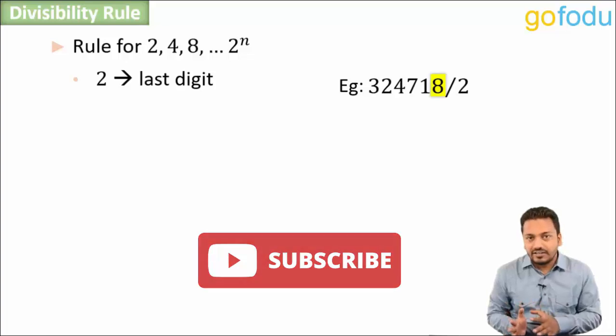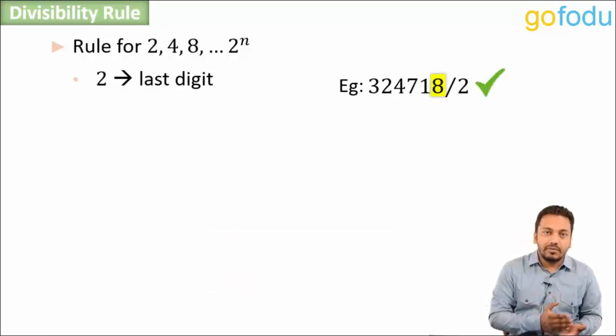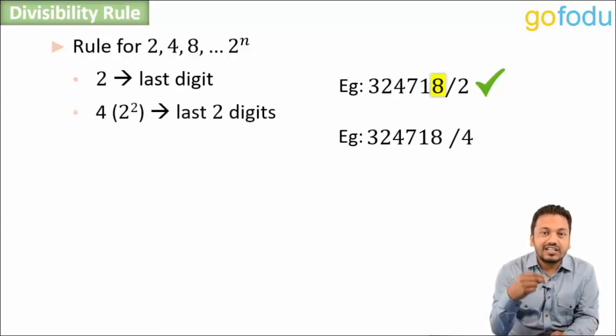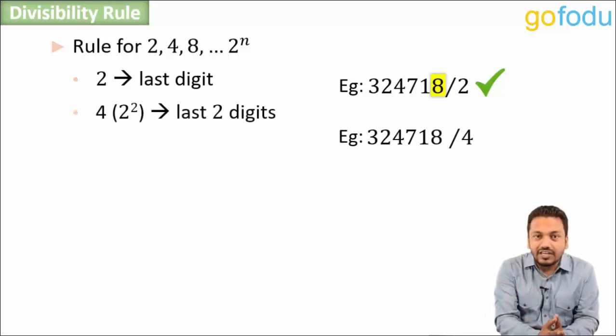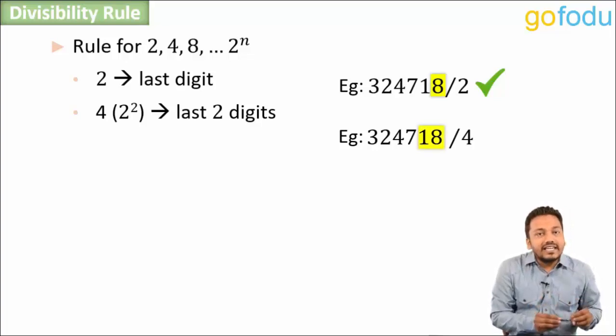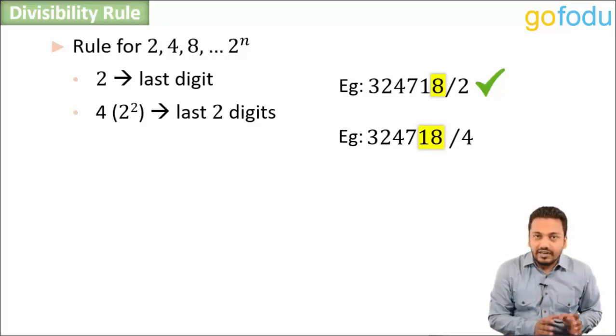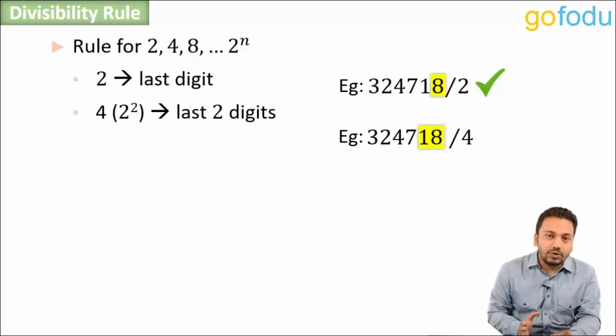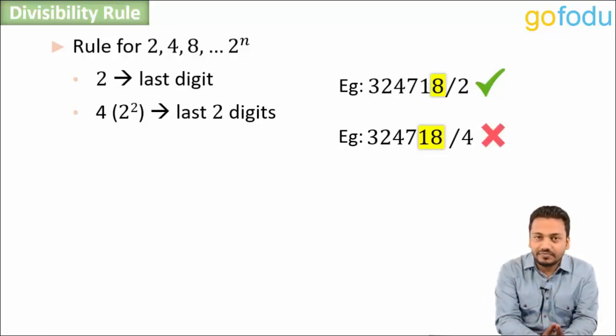That is even. So the number is divisible by 2. For divisibility by 4, check the last 2 digits if they are divisible by 4 or not. Here we have 18 as the last 2 digits. And as 18 is not completely divisible by 4, we can say 324718 will also be indivisible by 4.